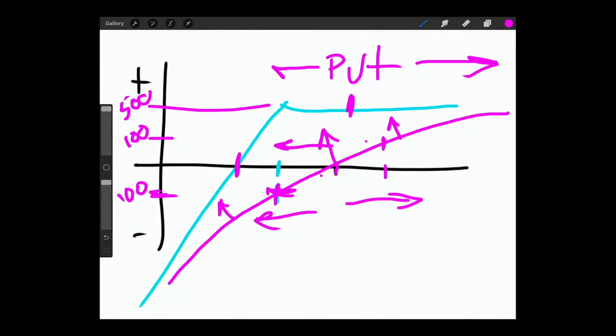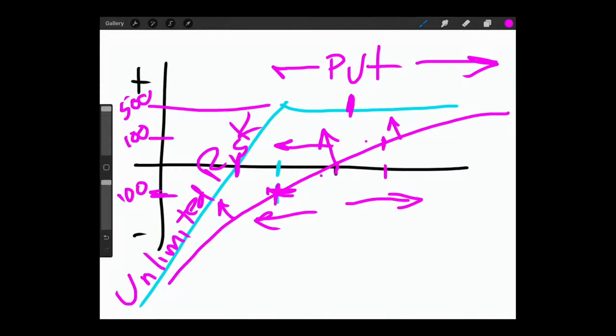Now, there are other strategies. The only problem with this here is this part, the unlimited risk. And it's not really unlimited, but for all practical purposes, it is unlimited, because the risk is that the asset that you're going to trade is going to go to zero.